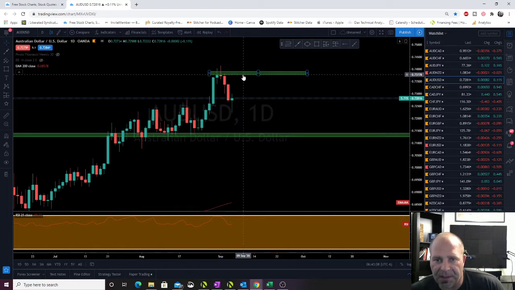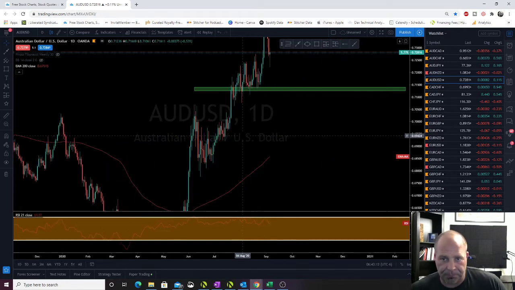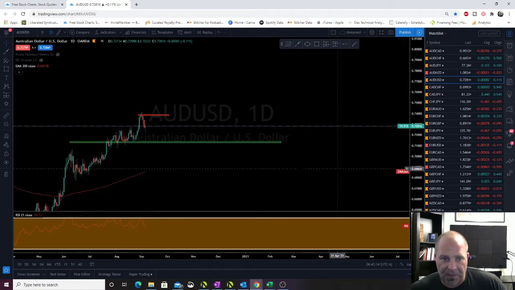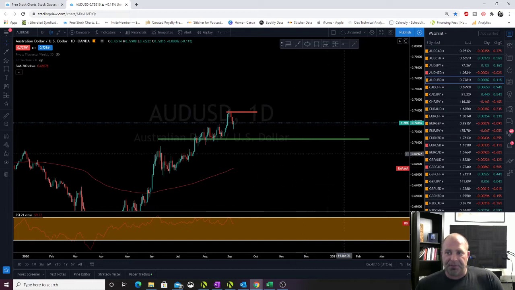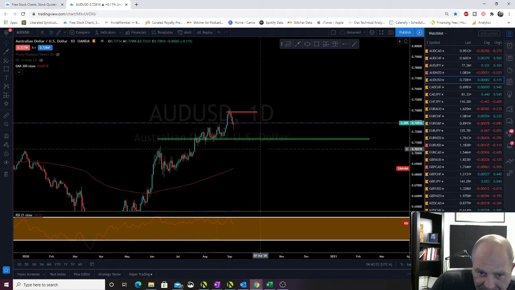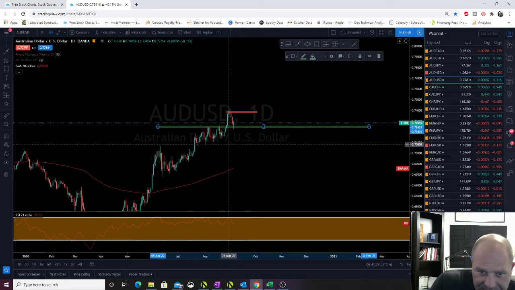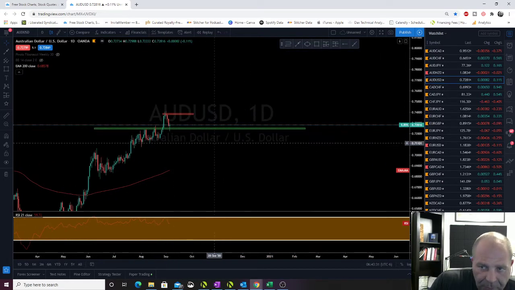There we go. I like that. Those are the two closest inflection points we want to be concerned with. We're actually kind of testing these resistance areas right now, so that's kind of more appropriate.